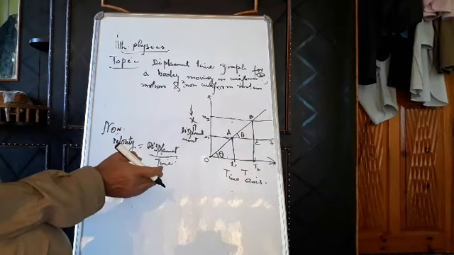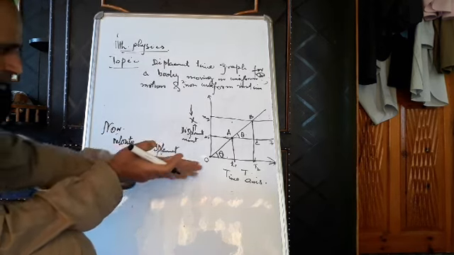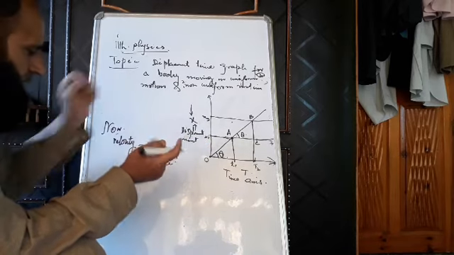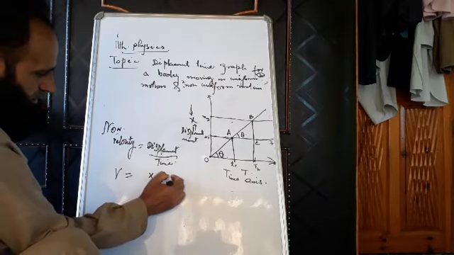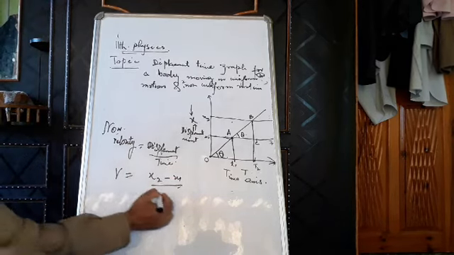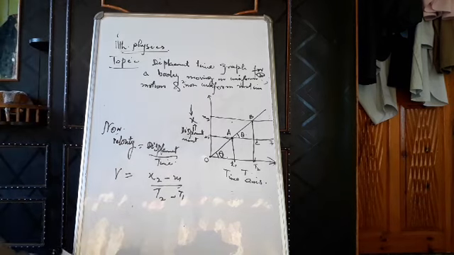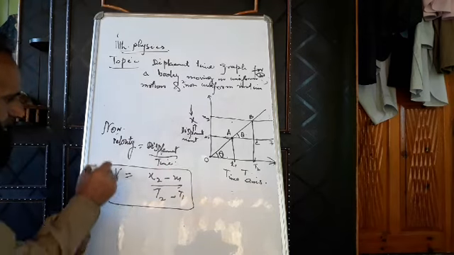Let a body move from time t1 to t2, with displacement from x1 to x2. Then velocity would be x2 minus x1 divided by t2 minus t1, displacement divided by time.